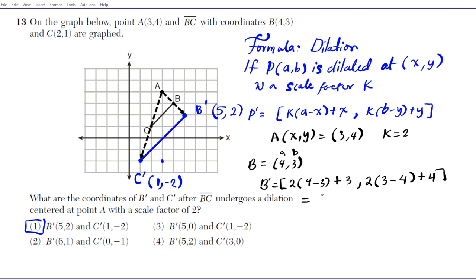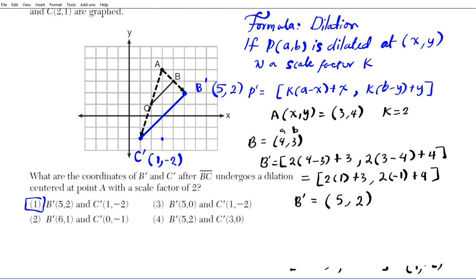So we have 2 times 4 minus 3 is 1, plus 3, comma 2 times 3 minus 4 is negative 1, plus 4. Simplify that. We have 2 times 1 is 2, plus 3 is 5. And then 2 times negative 1 is negative 2, plus 4 is 2. So B prime is 5, 2, as you can see here.